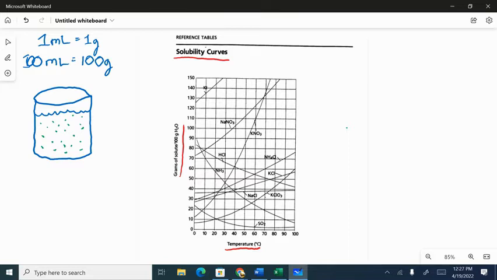So what you can interpret from here is that the solubility of gases decreases as temperature increases. For ionic compounds, the solubility increases with increasing temperature. That's because ionic compounds are always solids at room temperature, and the solubility of a solid increases with increasing temperature.